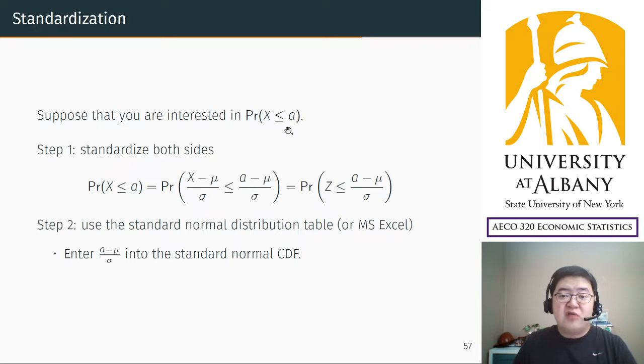Now, if you're interested in this, you have to calculate this. We know how to calculate this. If you can calculate (a minus mu) over sigma, the standardization of the value, then put this into the CDF on Excel, and Excel will return the probability that corresponds to this value.